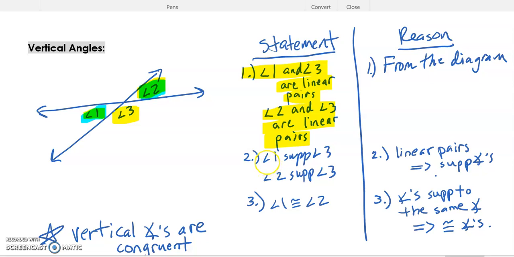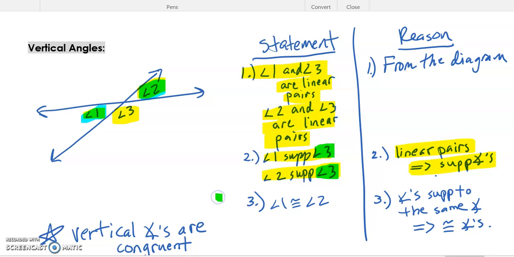The next thing we know is that all linear pairs are supplementary. Notice my reasons are always generally true, and my statements are all specific to the question I'm looking at. So linear pairs imply supplementary angles. What's true here is that we have two angles that are supplementary to the same angle.